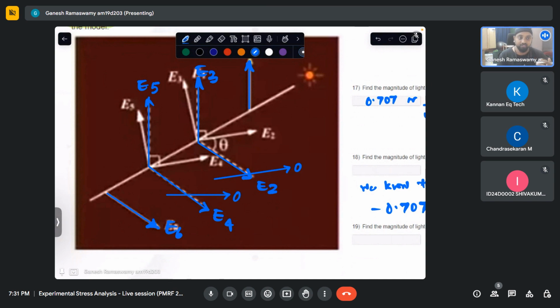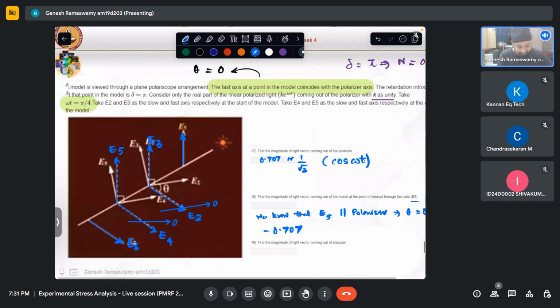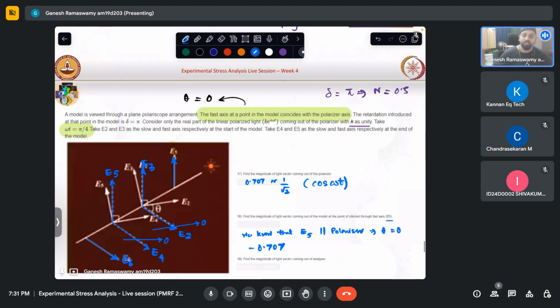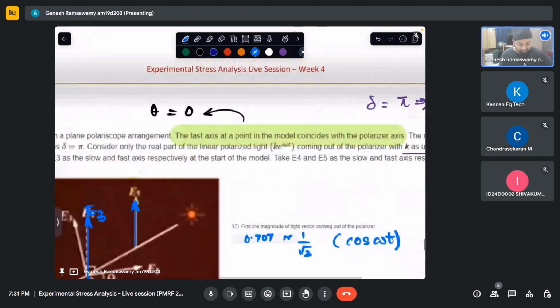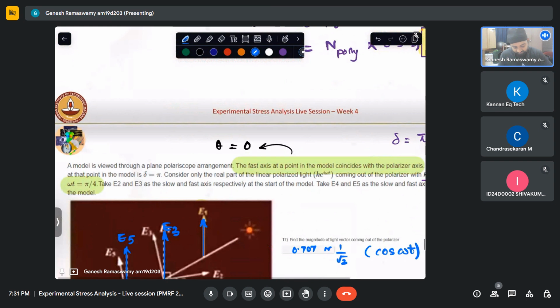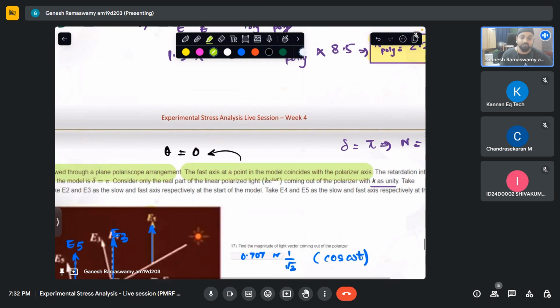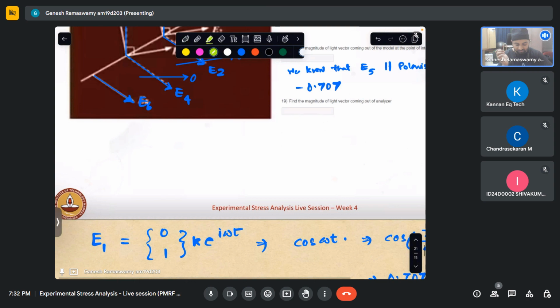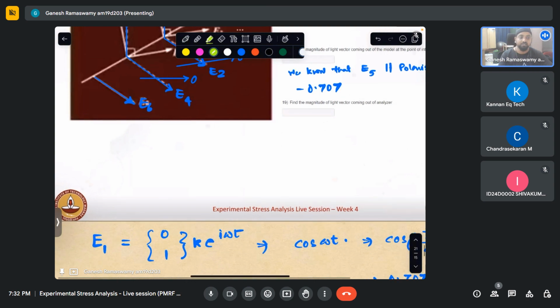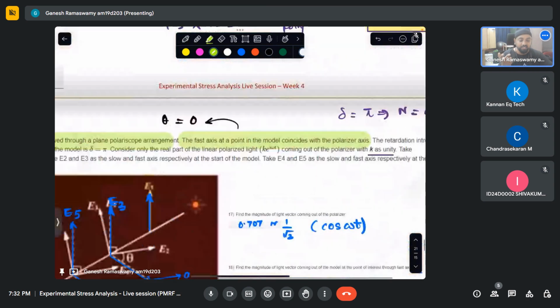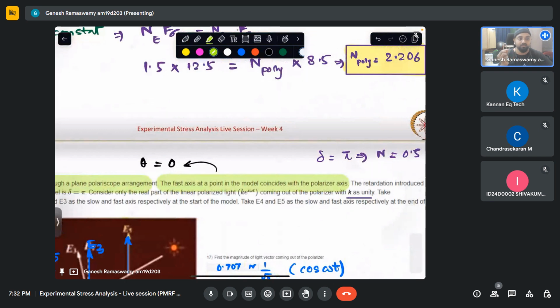And this can be seen without going into this mathematics also. What does our question say? That it is a plane polariscope arrangement. And at that point, the fast axis coincides with the polarizer axis. So this is a point where the isoclinic fringe will get formed. And what we are asking is, what is the output light that we want to see? Out of the analyzer, what will I see? I will see that point to be sitting on an isoclinic fringe, which means that the intensity is 0.